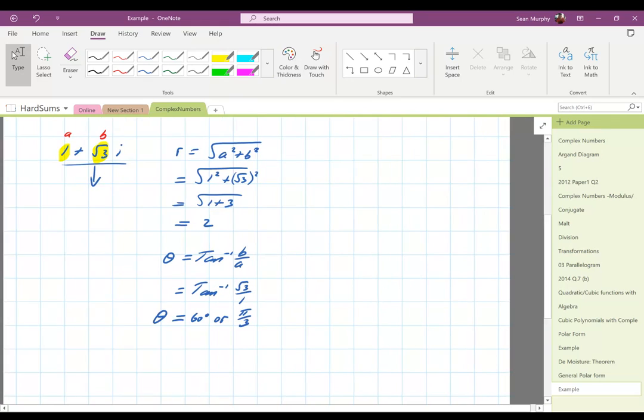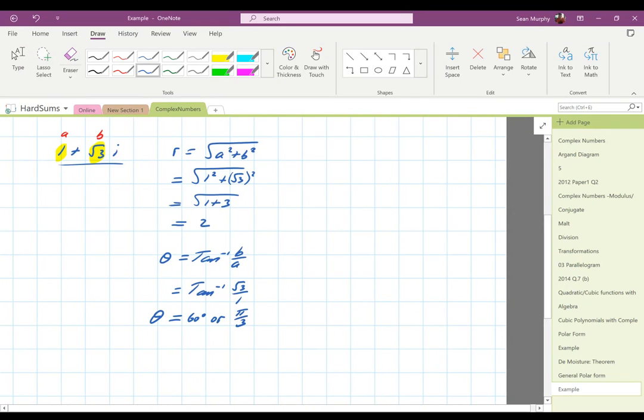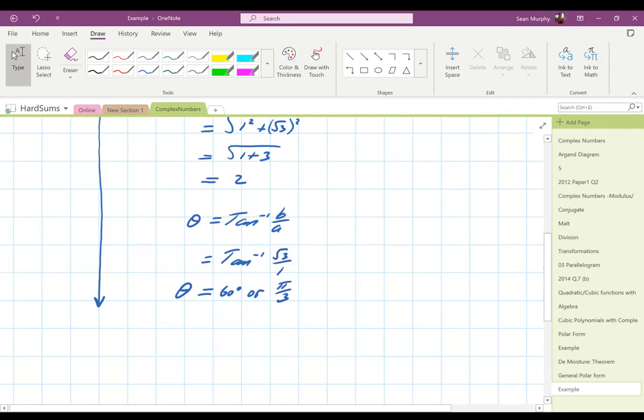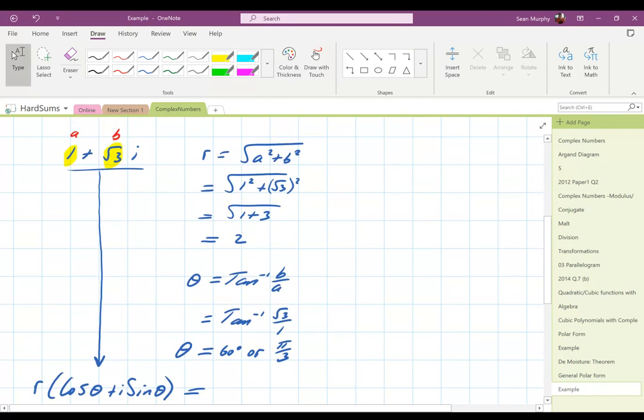So in polar form, this number becomes r times cos theta plus i sin theta. We've now got r here, r is 2, and theta is pi over 3.